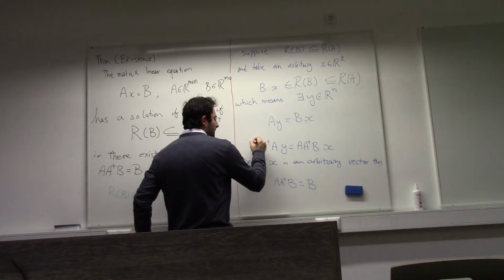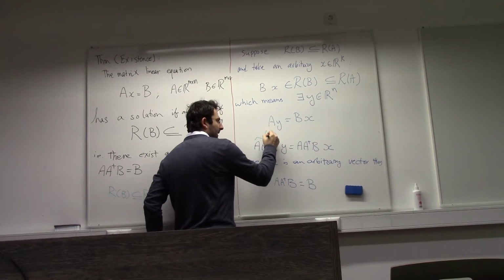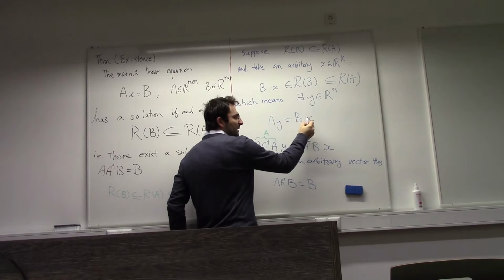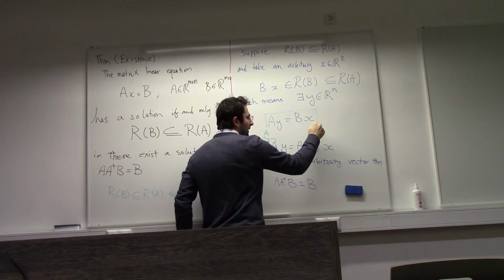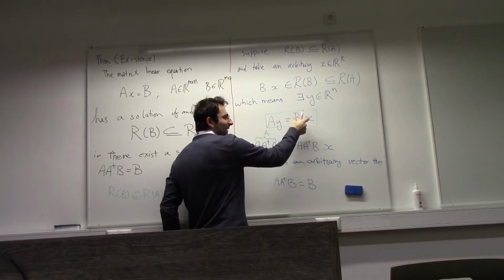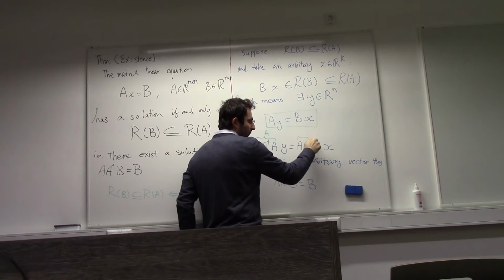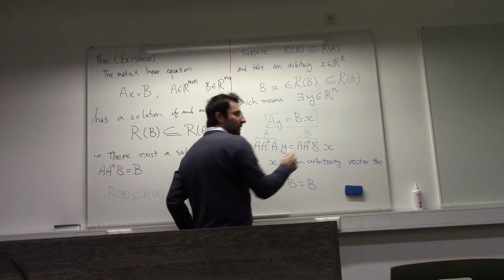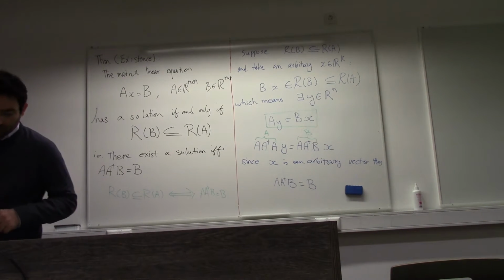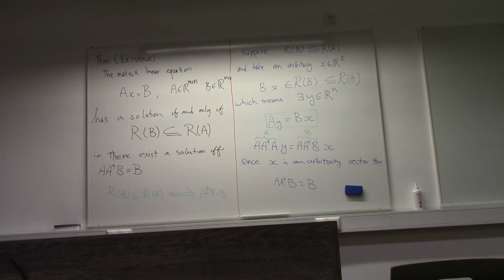Because in order for this to be always true for any arbitrary x, we need this term to be B. So we have to go in the opposite order.